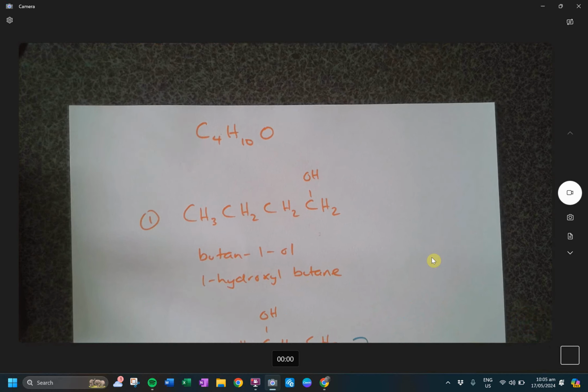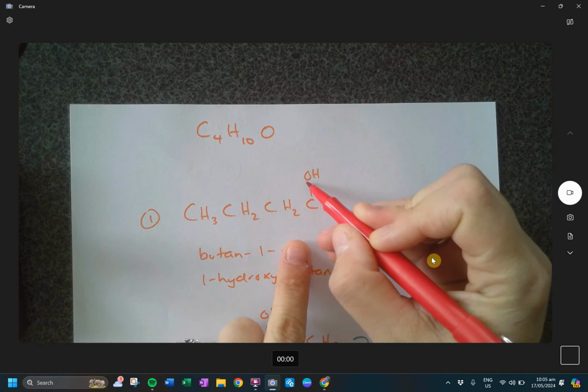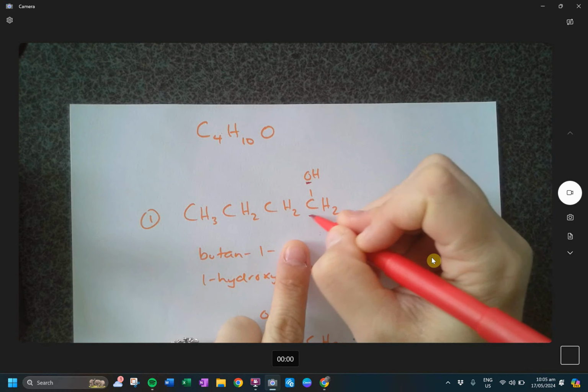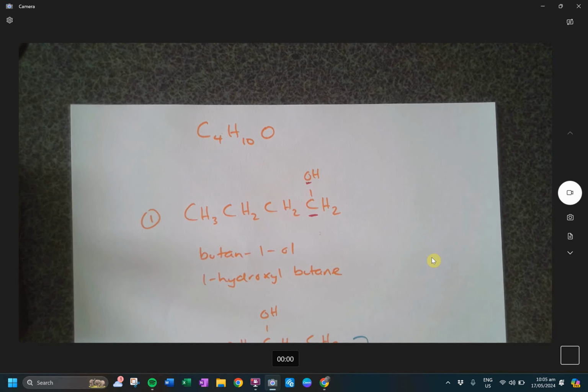So now we have an alcohol, so I can start showing you that. Basically, it's just a way for us to describe where the alcohol is on an organic molecule. For this alcohol here, I want to see the carbon that's directly attached to it, and how many carbons are attached to this carbon.